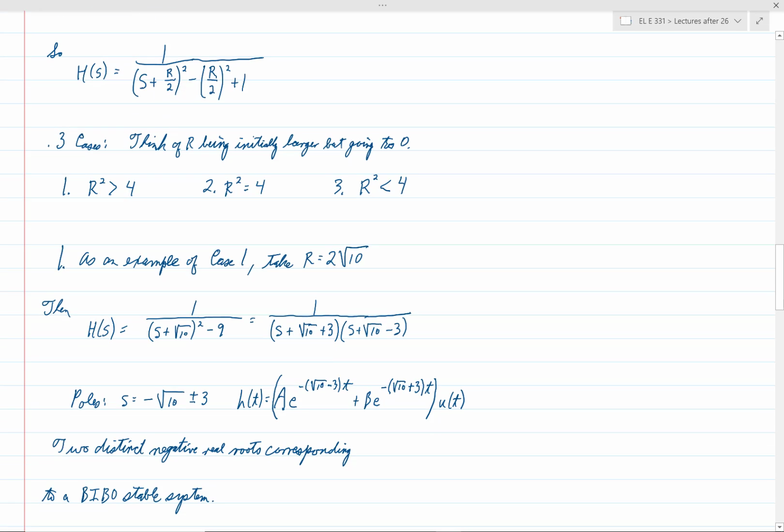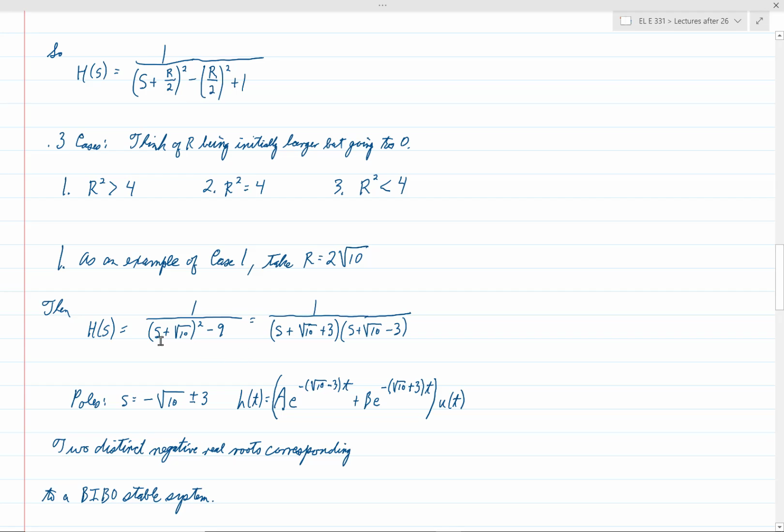Now, when we stick that into this expression for H of S, we get S plus R over 2, so that would be S plus square root of 10, squared. And then R over 2 would be square root of 10. We square that, we get 10, so here we have a minus 10 plus 1, or a minus 9. So that's how we get this expression right here.